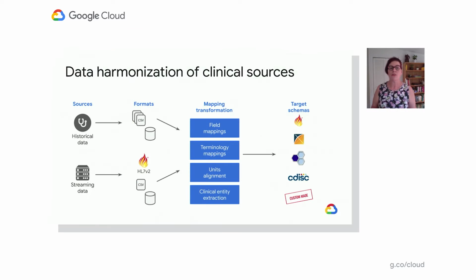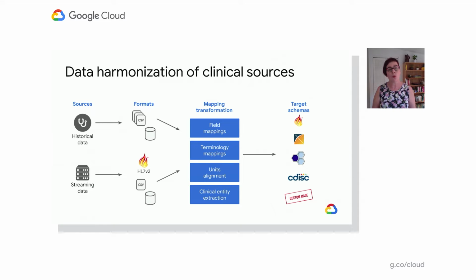So let's start off by talking about data harmonization, how you harmonize all of your different siloed data sources into something that's coherent and ready for analysis. Typically you might have several different EHR instances, each of which is configured differently from the next.